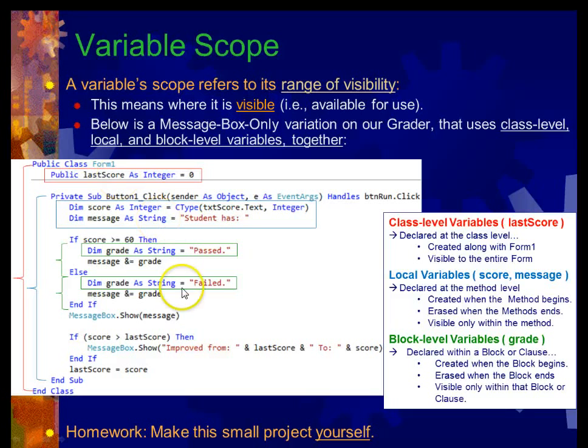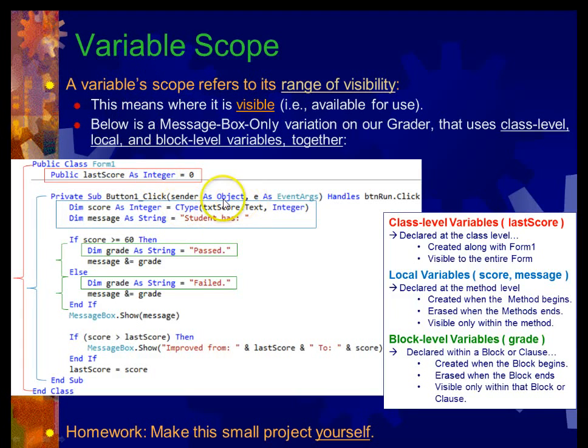And it can say, oh, you improved from last score to the current score. Okay, so that was the issue, and that was to illustrate to us this idea of variable scope. Variable scope means when a variable exists and when it dies.